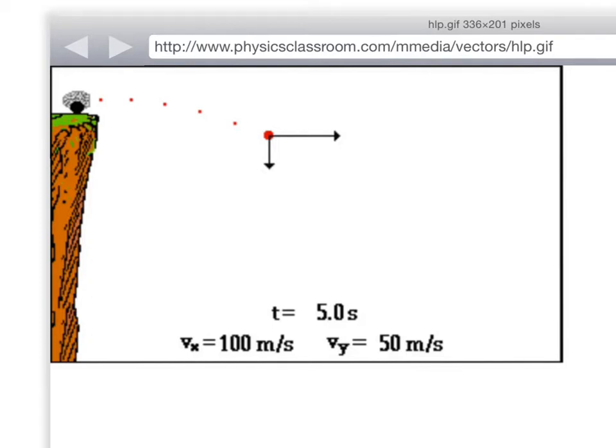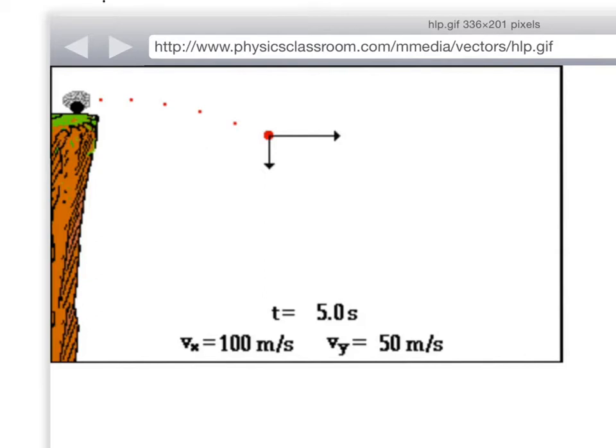And what I think is the coolest about this is it shows you the breakdown of the two vectors. We notice that from the beginning, the cannonball only has a horizontal component, and over time the vertical component starts off very small and then it gets larger and larger, which is what we would expect because it's speeding up, it's accelerating as it's moving down, and so therefore going faster and faster.